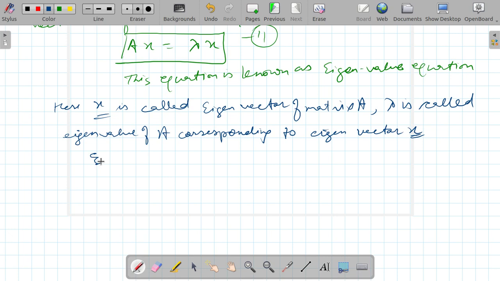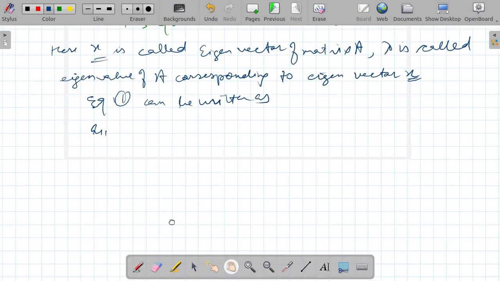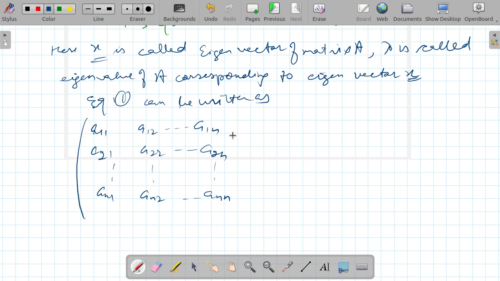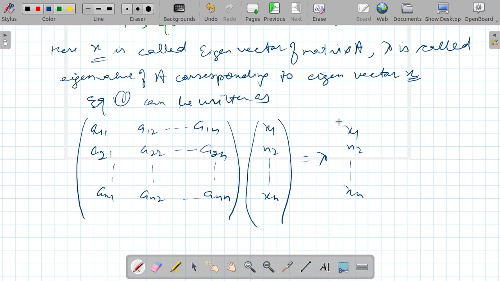Also, equation 1 can be written as the matrix with rows A11, A12, and so on A1n, A21, A22, and so on A2n, An1, An2, Ann, multiplied by x1, x2, and so on xn, and it must be equal to lambda x1, x2, and so on xn.